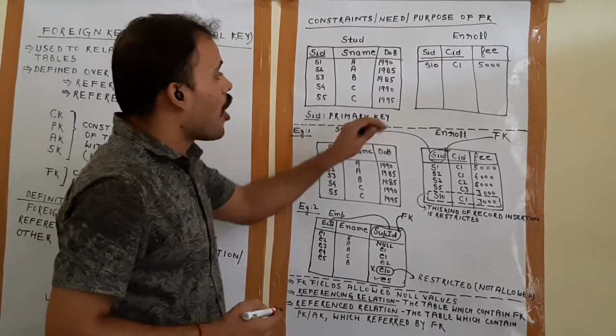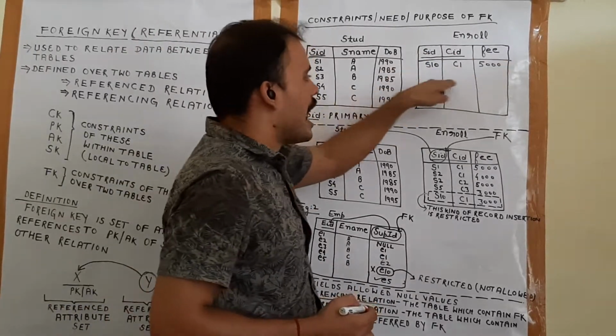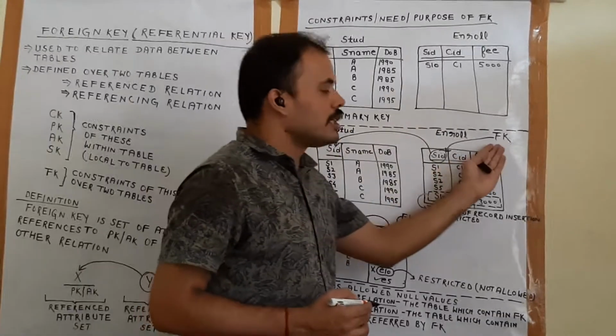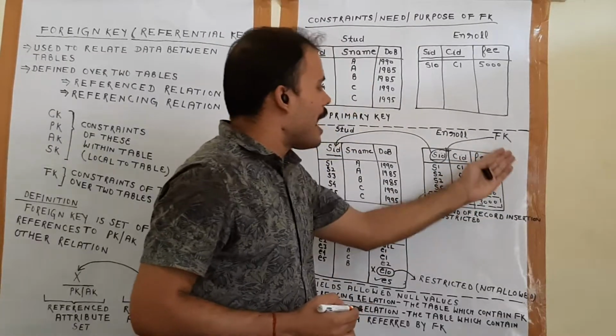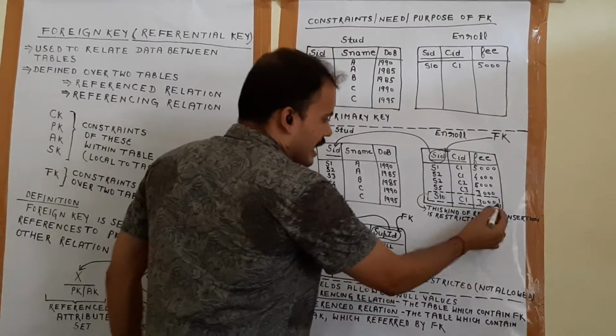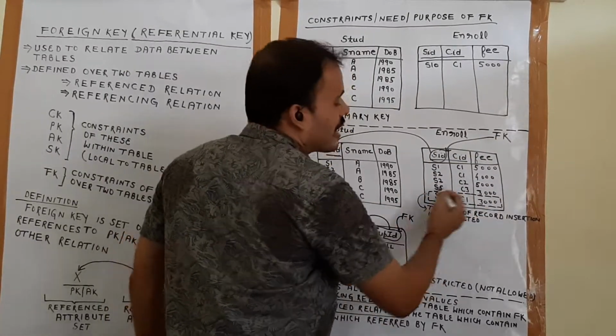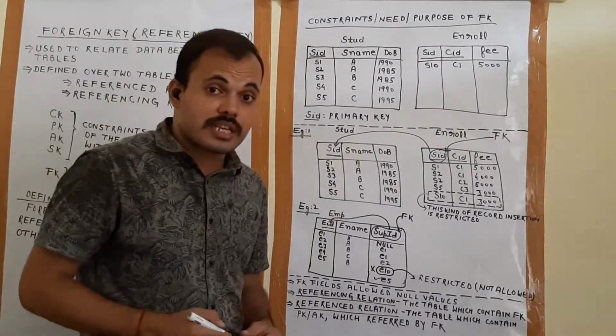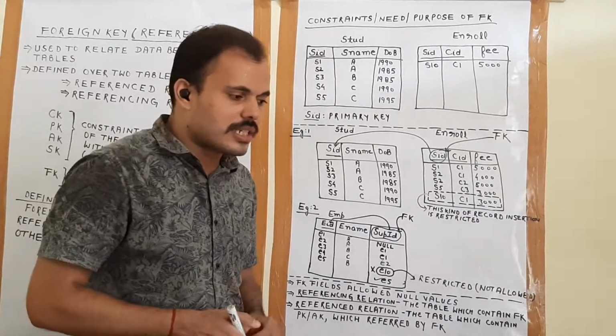Understood? Now the problem of inconsistent data we were facing here is solved by using the foreign key. By using the foreign key, this inconsistent, incorrect data is not allowed. And what is consistent data?